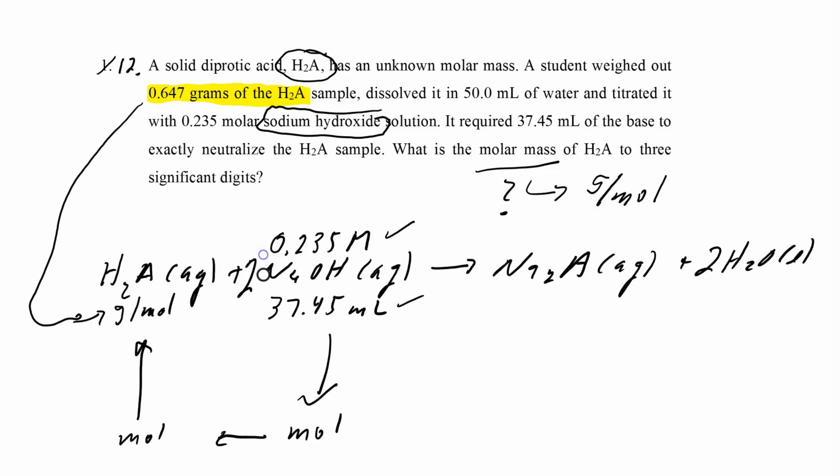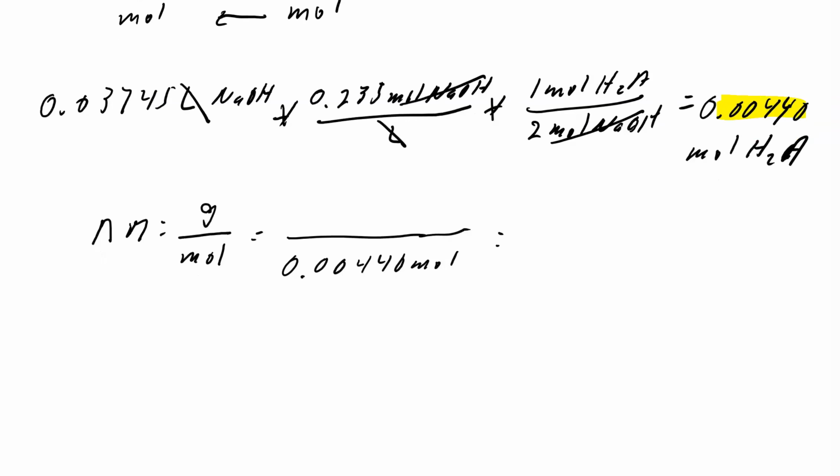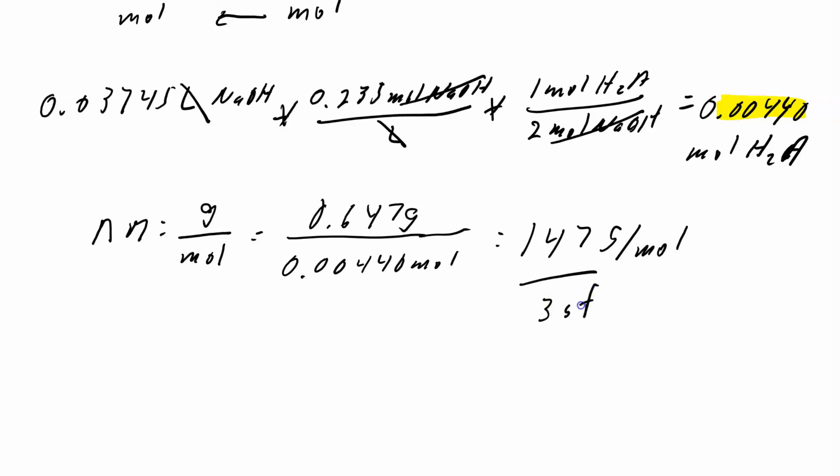So let's scroll down and put that in. So we have 0.647 grams. Now we do the math, we get a value of 147 grams per mole. And there's our answer, molar mass. We have three significant figures as asked for in the problem, and right here is the number with the three significant figures in our calculations. So we're done.